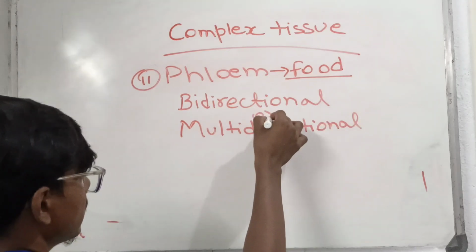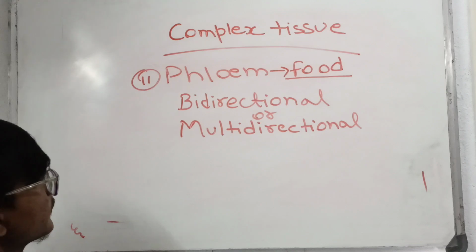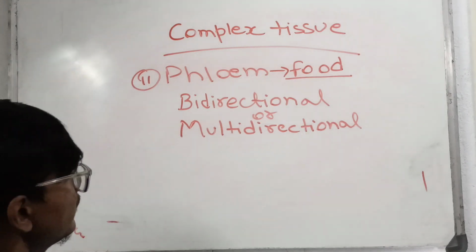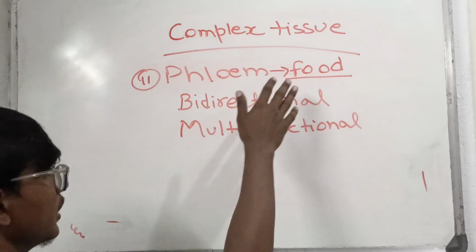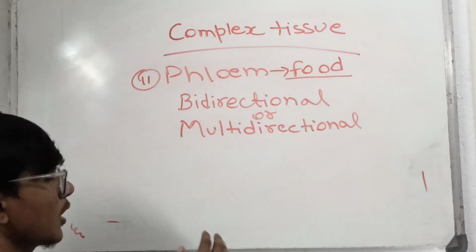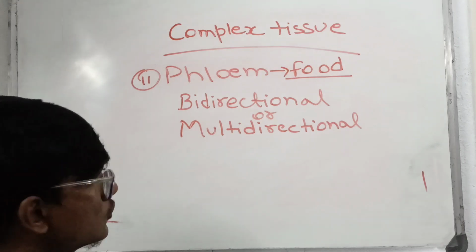So these two are the characteristic of the phloem. It transports the food. Where will it transport? In bidirectional or multi-direction. From one leaf it can go in many directions.